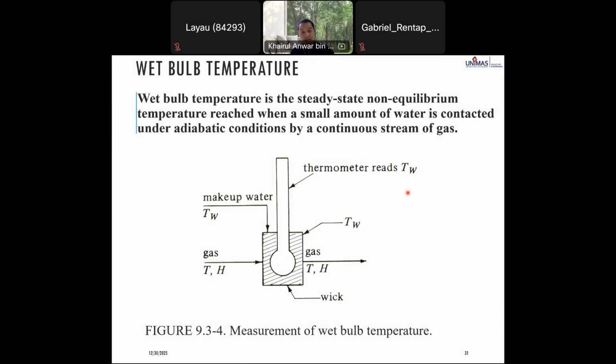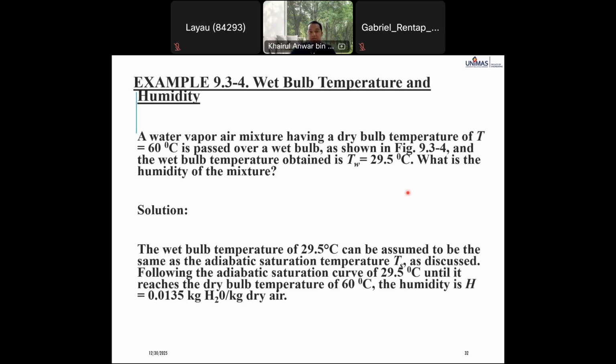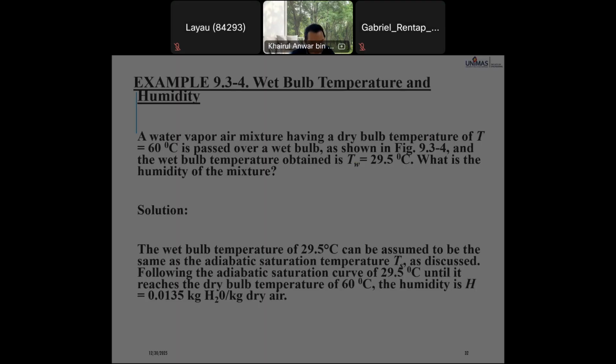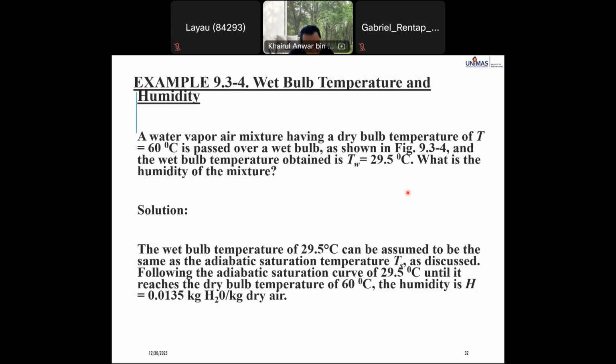Okay, that is wet bulb temperature. Example: a water vapor and air mixture having a dry bulb temperature of T equal to 60 degrees C is passed over a wet bulb as shown in this figure 33.3-4. The wet bulb temperature obtained is TW equal to 39.5 degrees C. What is the humidity of the mixture?